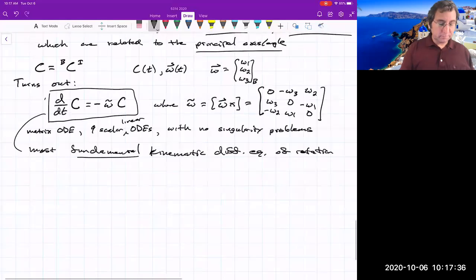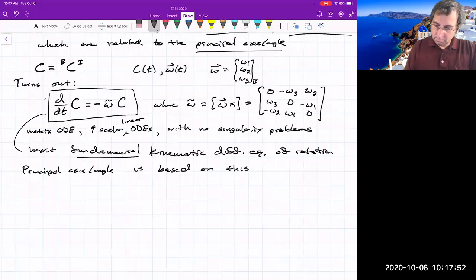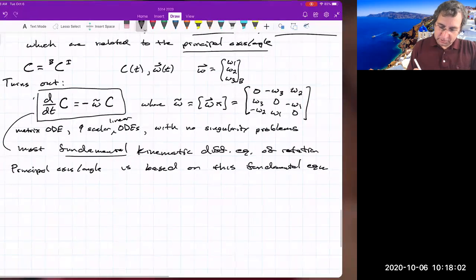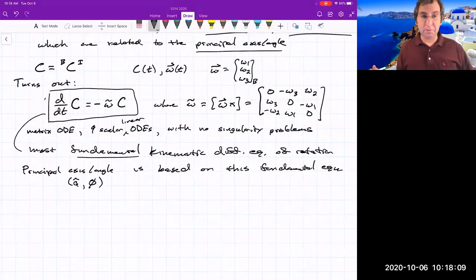So we've got this, right? So the principal axis and angle is based on this fundamental equation. And remember, what did we call the principal axis and angle last time? We called them A for the axis and phi for the angle.